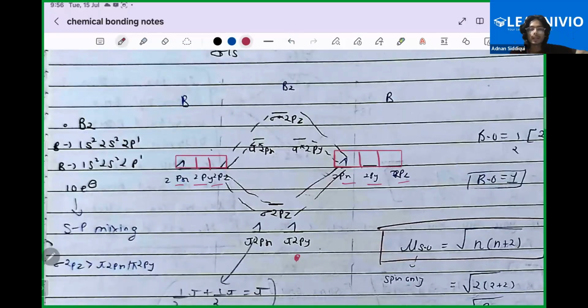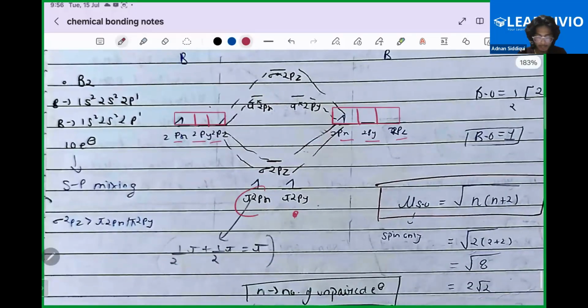From these two p atomic orbitals, the molecular orbitals that we are going to get are in this order. We are going to get pi 2px, pi 2py in the lower energy state. Then we will have sigma 2pz. You have to learn this, right? Then you have to write them again with a star sign.